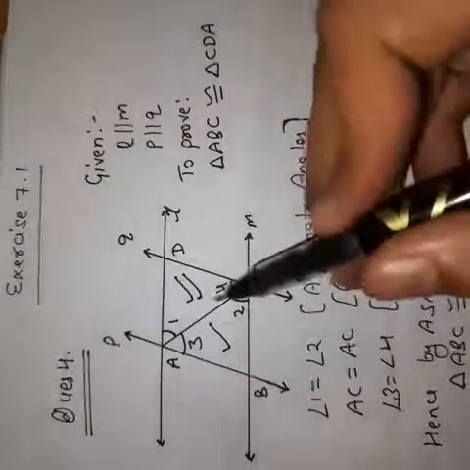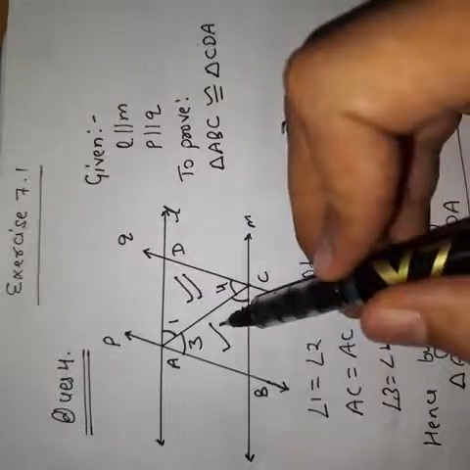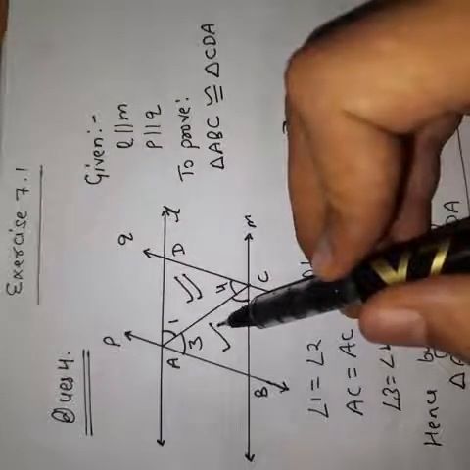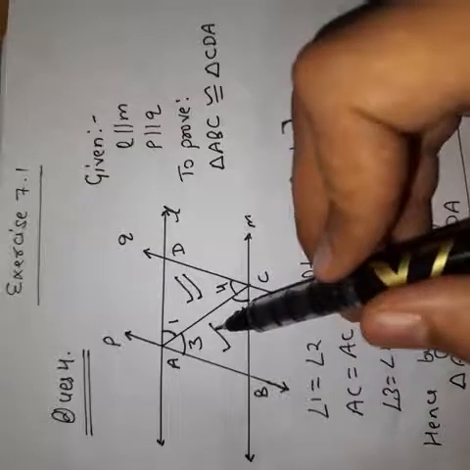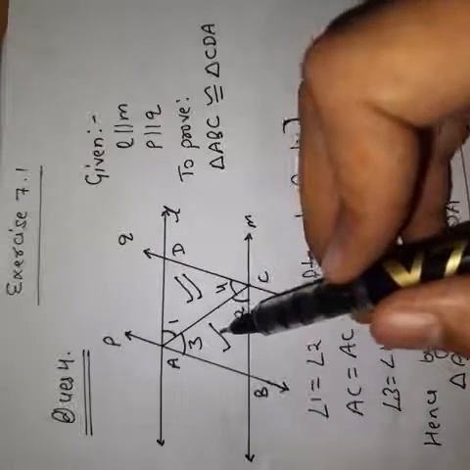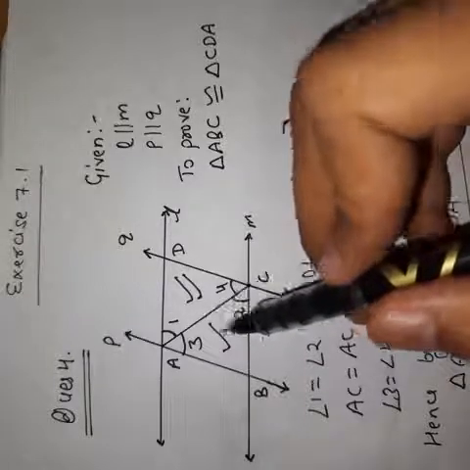Now, we will see how we can prove these two triangles congruent. Either we can use the SAS congruency rule, or we can use the ASA congruency rule. So, let us see which rule works for this question.